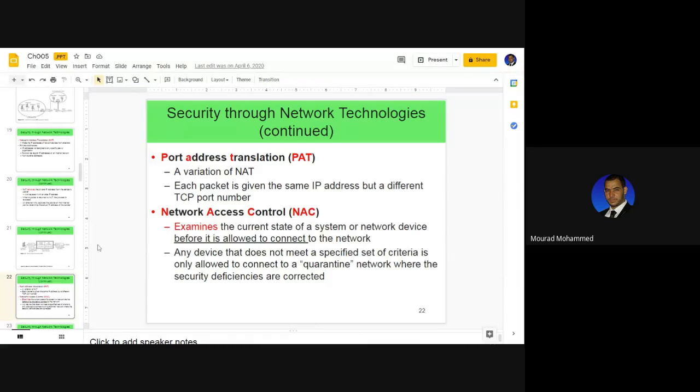Another security mechanism that we find delivered on computer networks is NAC, Network Access Control.